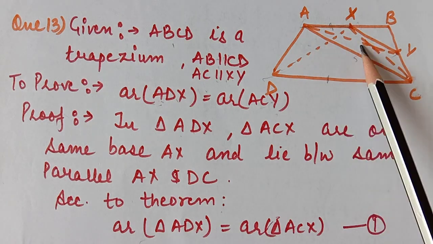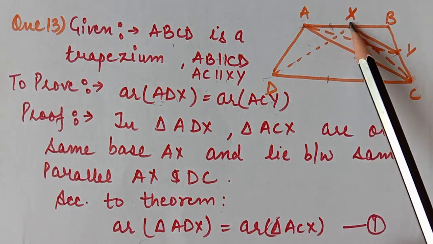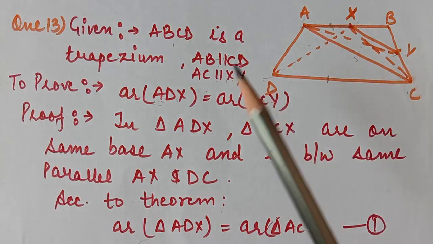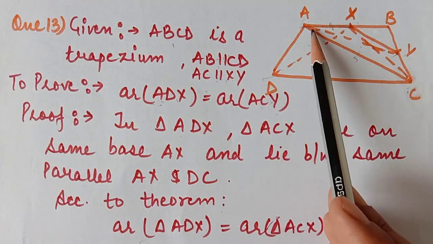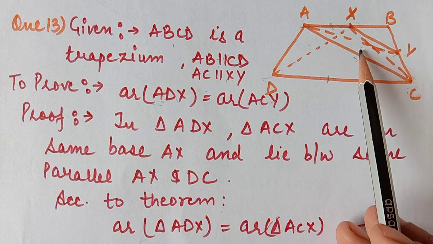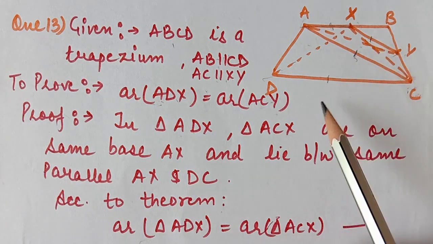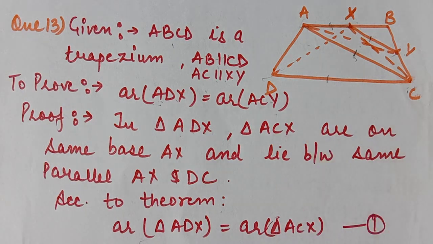So the areas of these two triangles are equal. In triangles AXC and ACY, they have a common base AC and lie between the same parallels, AC and XY. So the areas of these two triangles are also equal.